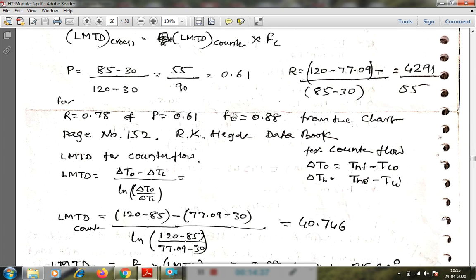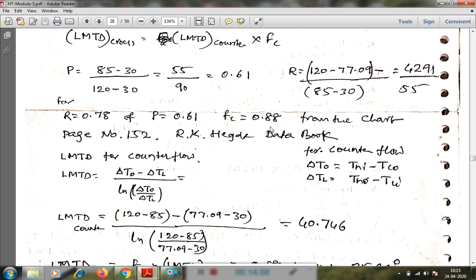Then here P we get as 0.61, R is equal to 0.78, and from that Fc we get from the data handbook of the double pipe heat exchanger.